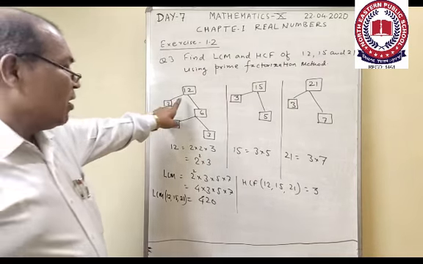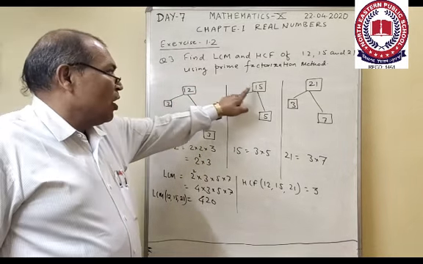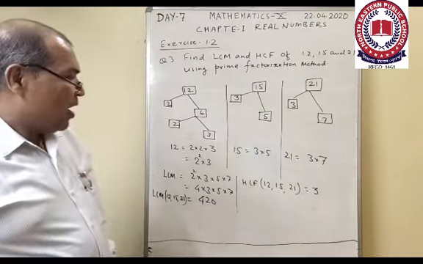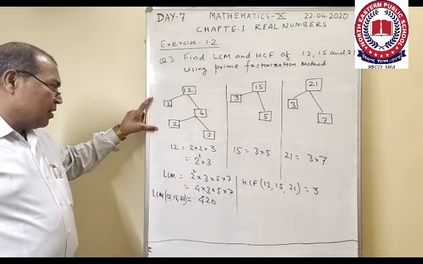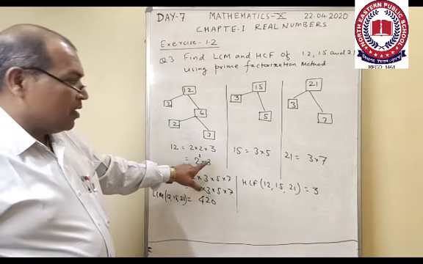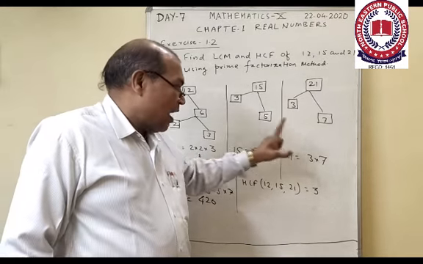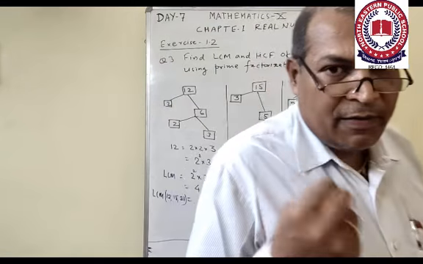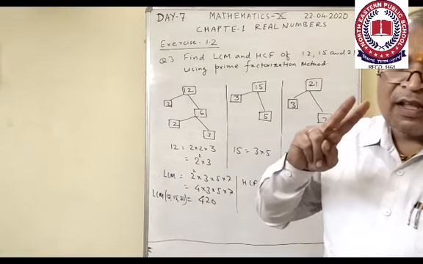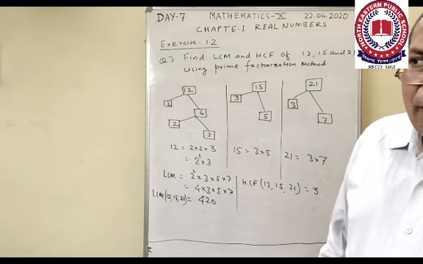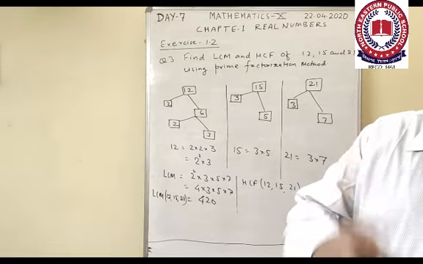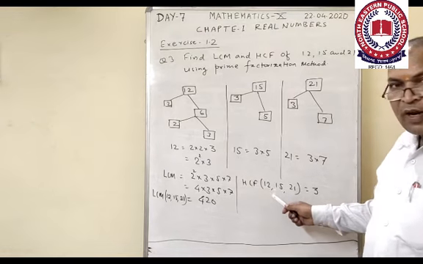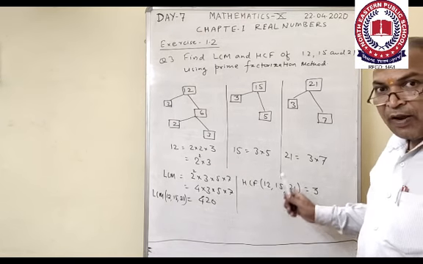So first of all, we have to factorize all the given positive integers, or we can say composite numbers. After factorization, we write the factors in exponential form, and after that we apply the formula for LCM and HCF. The formula for LCM is the product of all prime factors with the highest exponent, whereas HCF is the product of common prime factors.